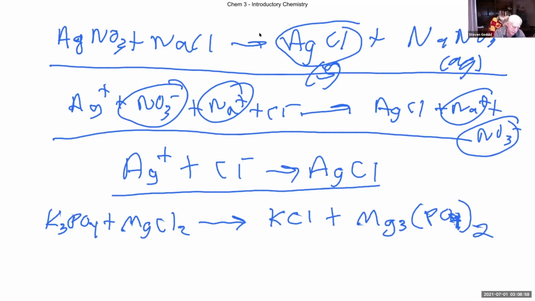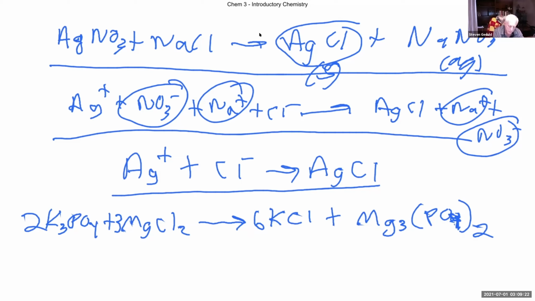So you put a 3 in front of the MgCl2, put a 6 in front of the KCl, 2 in front of the K3PO4, and is that balanced? 2 PO4s, 2 PO4s, 6 potassiums, 6 potassiums, 3 Mgs, 3 Mgs, and 6 chlorine, 6 chlorine. Okay, there's your balanced equation.